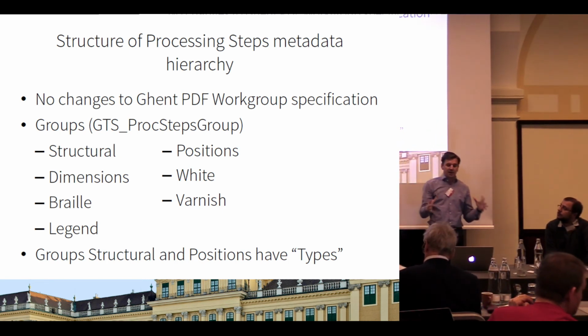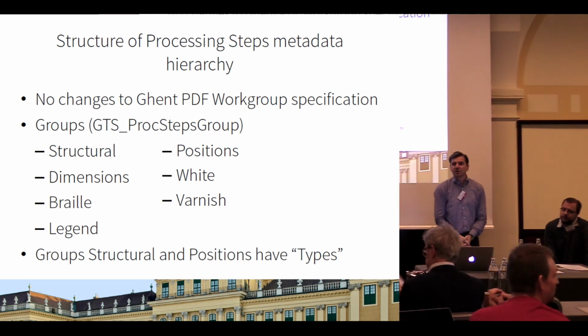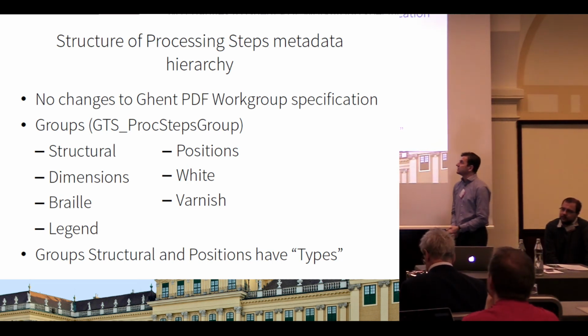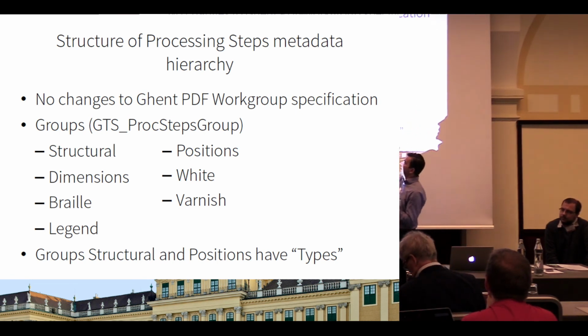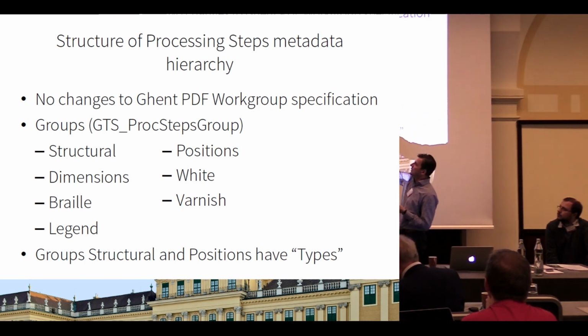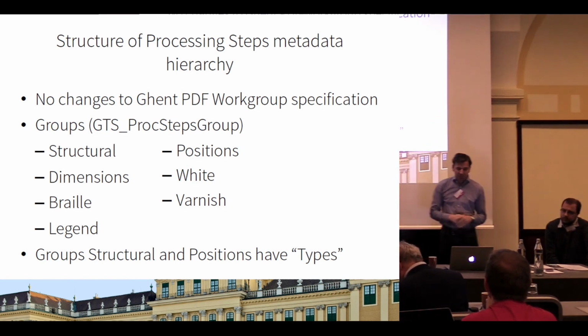So all my information is in seven different groups. Structural has like all the cut lines and creasing and everything, and I will show that later on. Then there are dimensions, braille information, legend, positions, white, and varnish. So these are my groups.